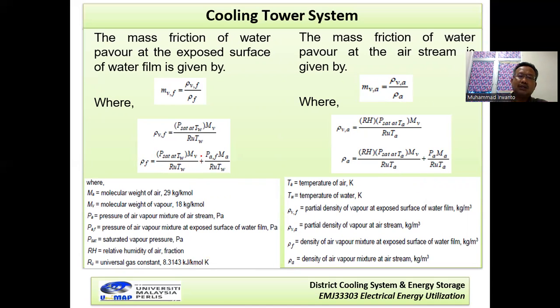And rho_F is given by this value plus P_vF M_a over R_u T_W.